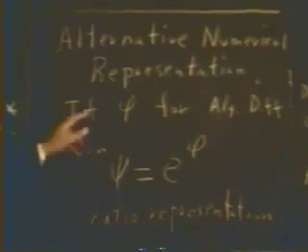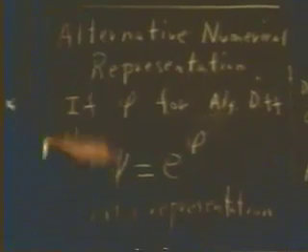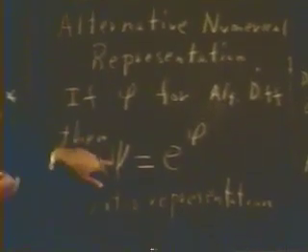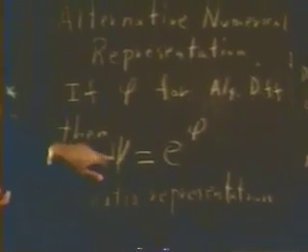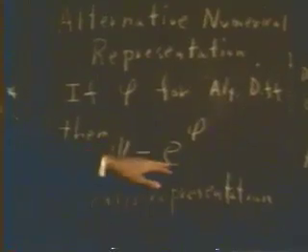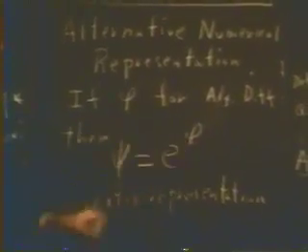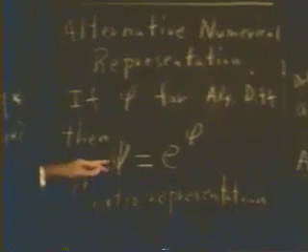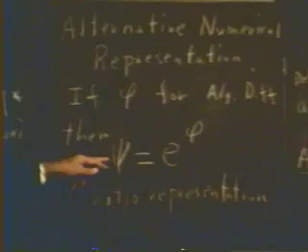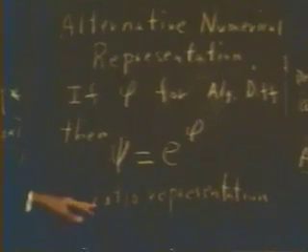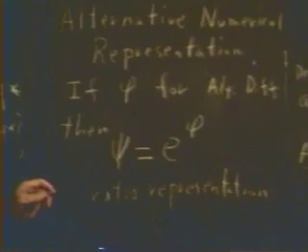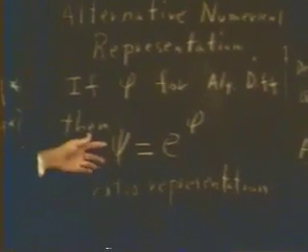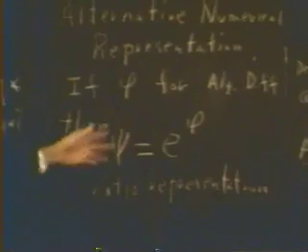So we can, in the case of algebraic differences, if we define a function psi, now this psi has nothing to do with the psi function I defined in proving the representation theorem for positive differences. This is a new psi. If psi is defined as e to phi, then psi in this form is a ratio representation. And this familiar exponential relation here between psi and phi is a way of going from the difference representation to the ratio. And obviously you can go from the ratio to the phi by taking logarithms.